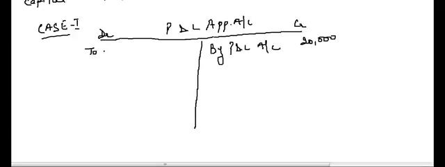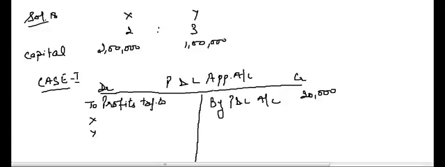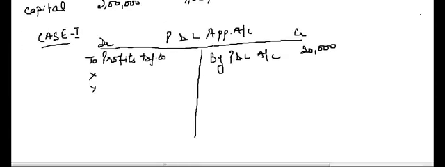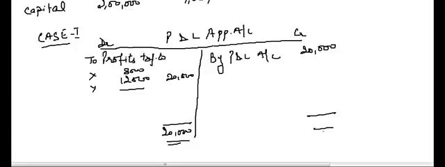We'll say to profits transferred to X and Y, 20,000 in the ratio of 2:3. Clear? So this will be 8,000 and 12,000. So this completes our case 1.